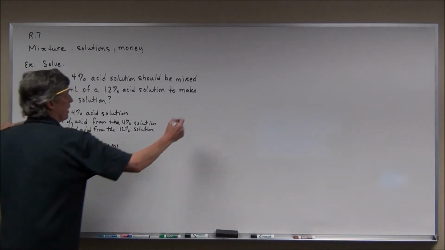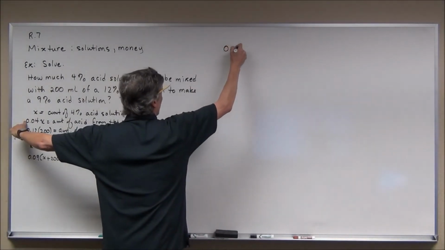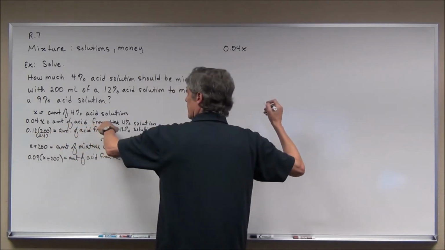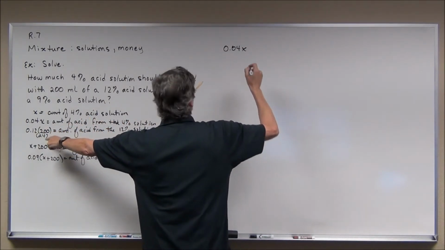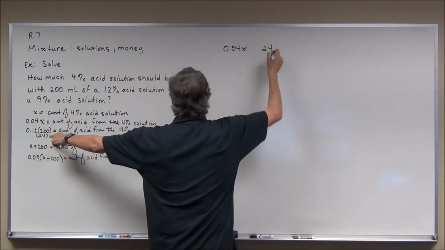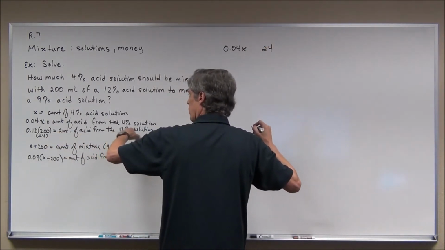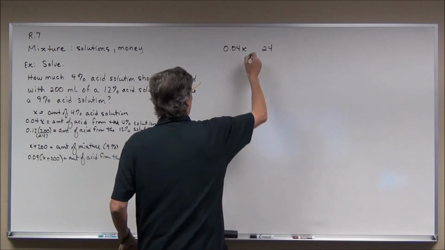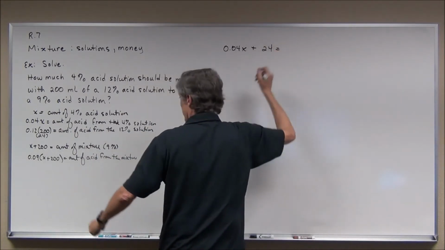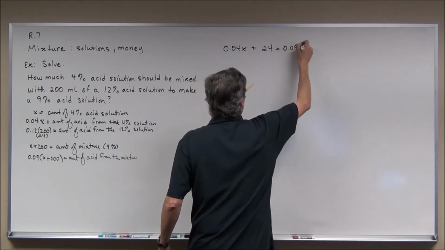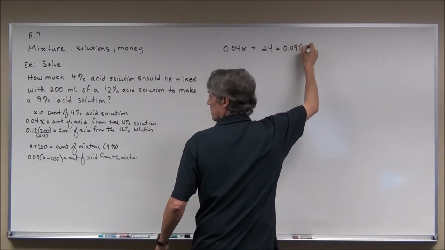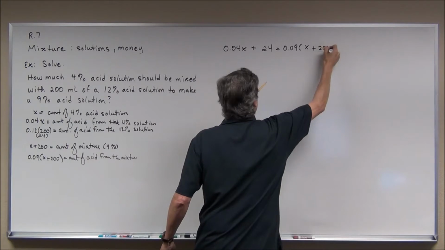So I'm going to have 0.04x of the 4% solution being pure acid. I'm going to have 24 milliliters of pure acid from the 12% solution, the 200 milliliters of the 12%. And if I add those together, I should get how much pure acid is in the mixture, and I'm going to have to distribute here, x plus 200.